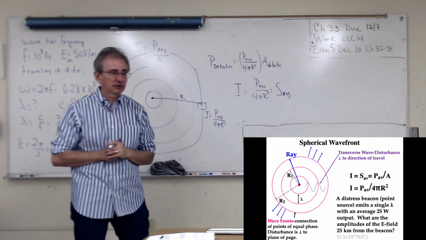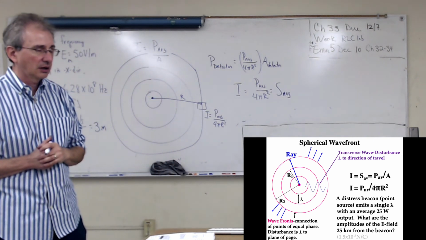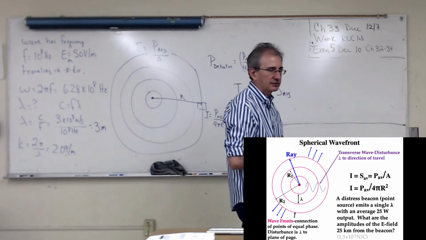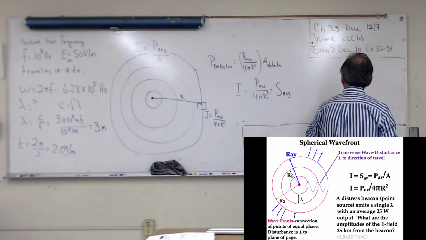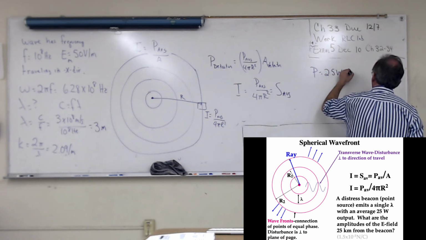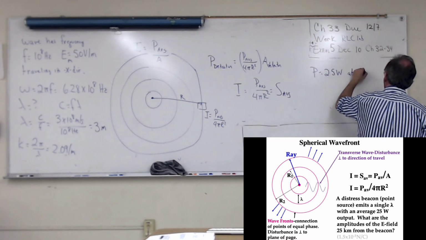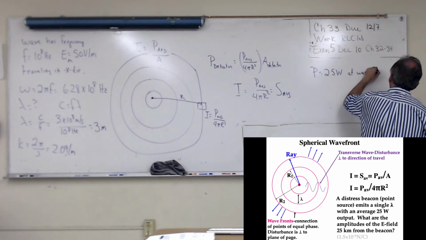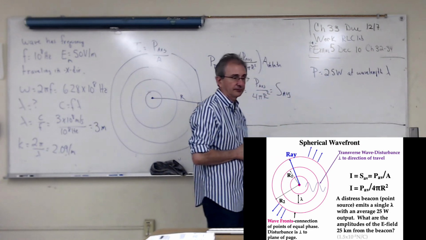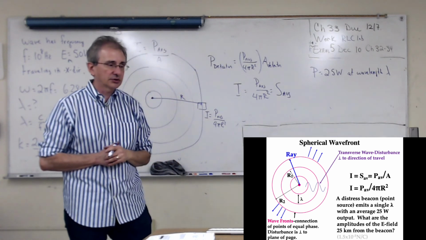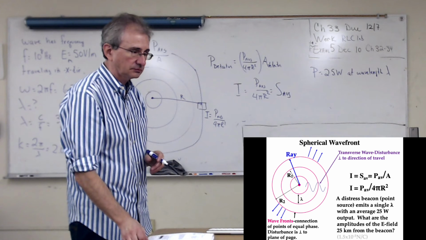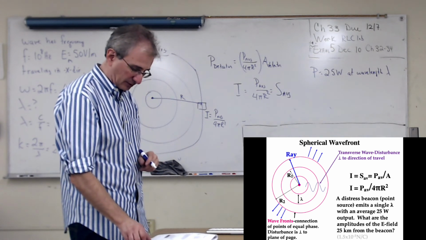Suppose we have some kind of source that emits spherical waves, and let's say P is 25 watts at wavelength lambda. What is the amplitude of the electric field 25 kilometers from the source?